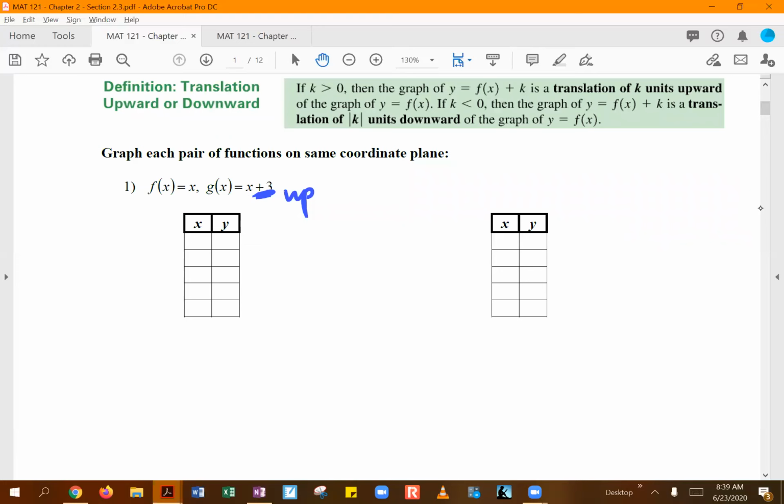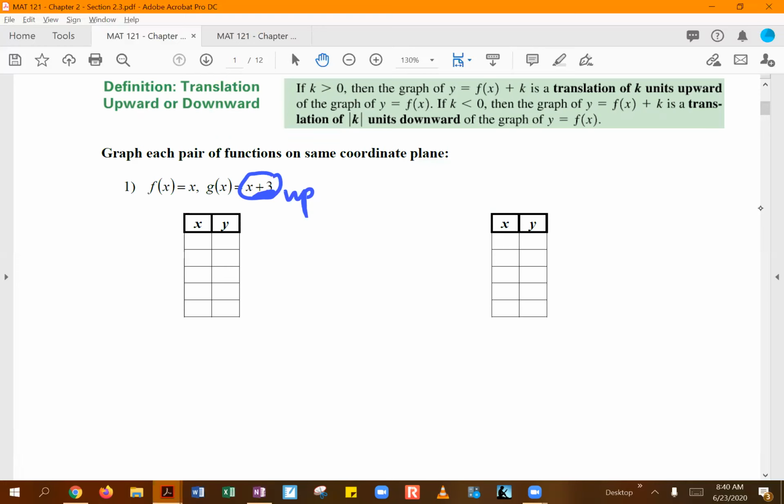It's kind of interesting, because when we had this x plus 3 here, technically our graph moved up and also moved left. If you have this from yesterday in your notes, or look at the notes I posted, remember it moved 3 units up, but being a straight line, it also ended up moving 3 units left.